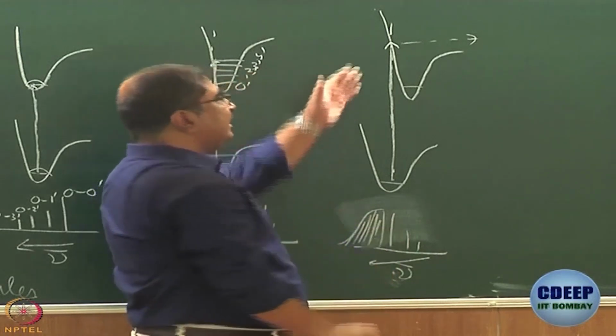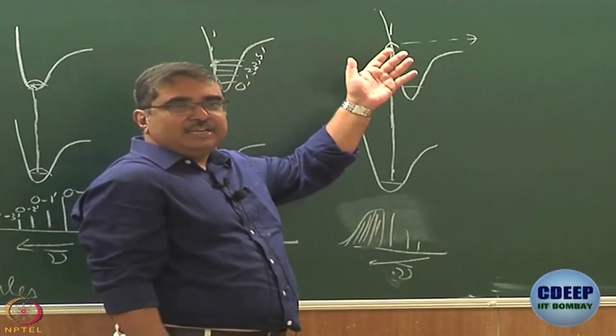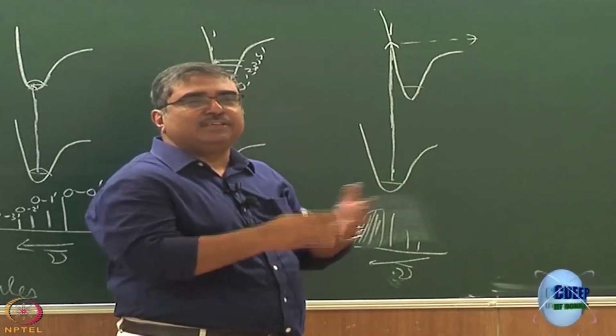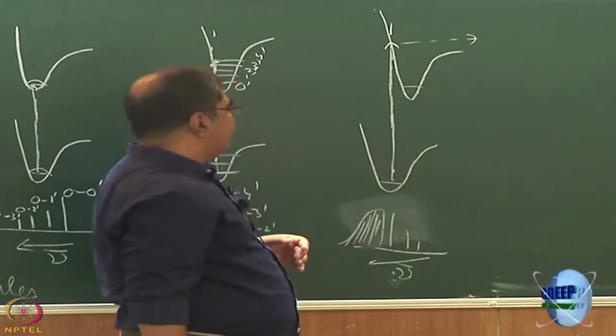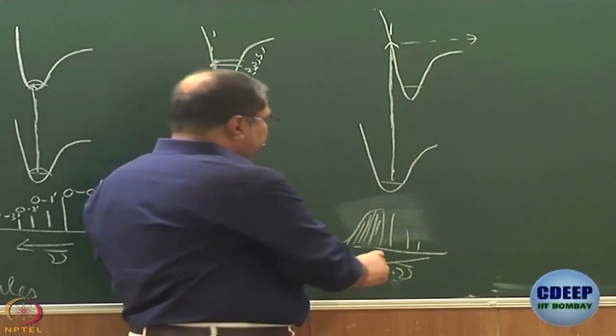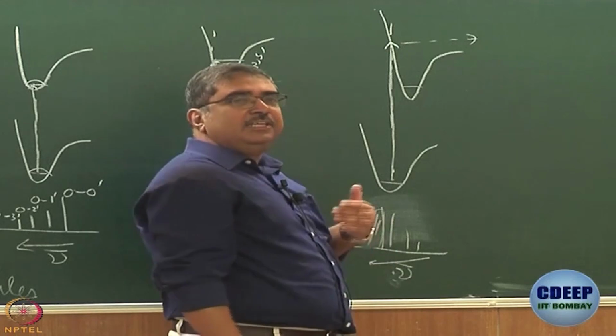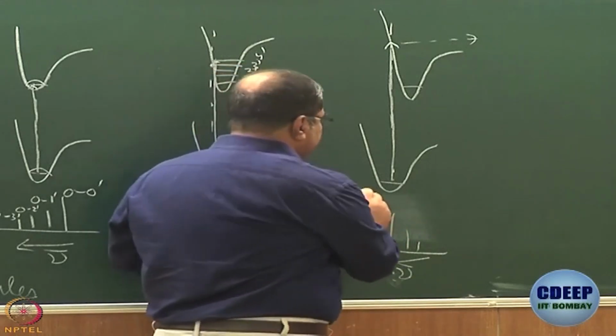Because once you have excited beyond the dissociation limit, then of course, you get a continuum because your atoms can move with whatever kinetic energy that is there. So, this nu bar where this continuum begins is called the dissociation limit.